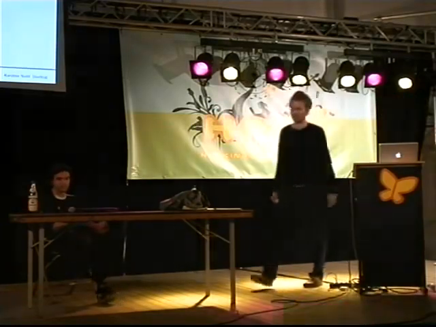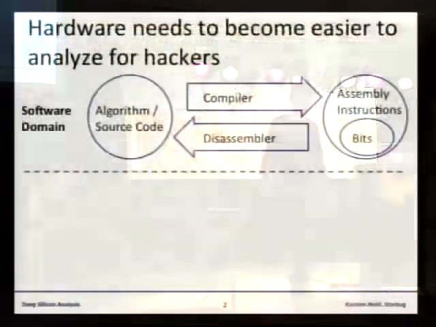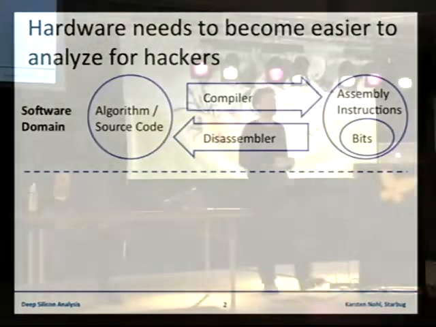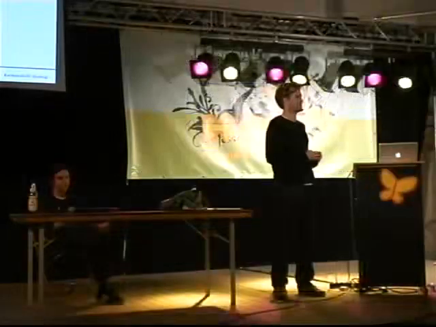We'll be talking about how to reverse hardware. And let me start with an analogy to software. So everybody here is probably aware of the process in which software is created, where a designer starts by programming source code, and then that source code is being compiled into a binary that is composed of assembly instructions, which in turn are composed of bits.